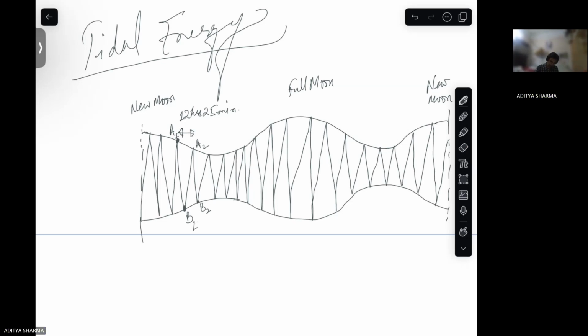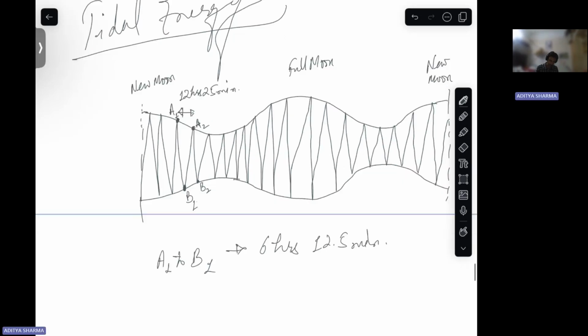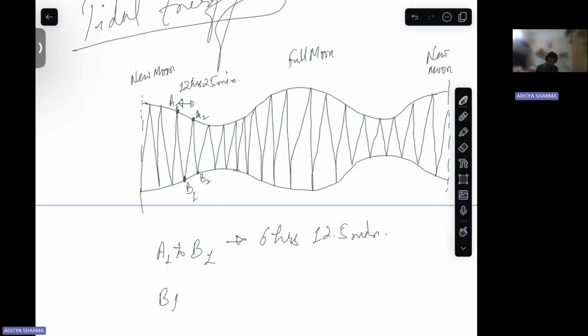From A1 to B1, how much time does it take? 6 hours, 12.5 minutes. From B1 to A2, how much time does it take? It takes 6 hours, 12.5 minutes.